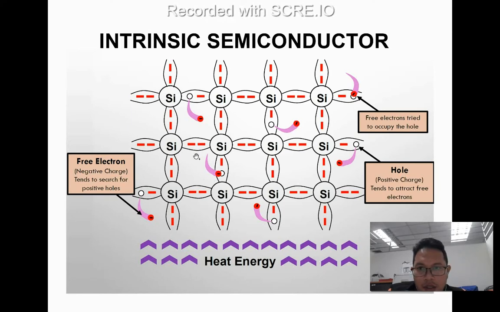So, as I showed before, when it is subjected to heat energy, it will produce free electrons, and the free electrons will tend to search for holes, and the holes tend to attract free electrons. Okay, it will keep balance.